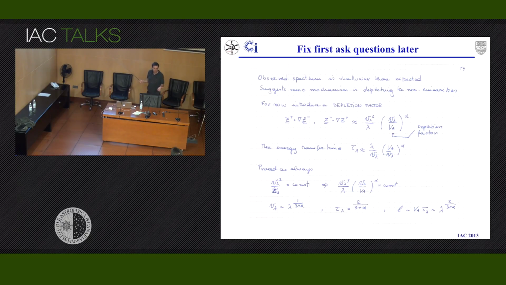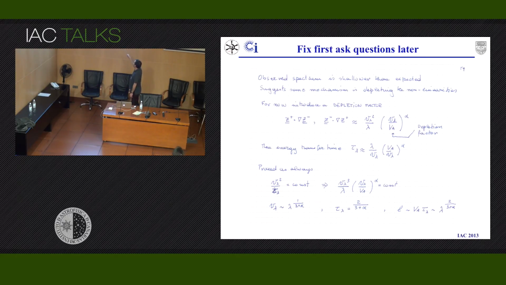For some reason, some physical process is preventing energy from being transferred the way it should be. So there must be a depletion factor for the energy transfer rate, and let me encode it like this: the ratio of the velocity at scale lambda to the velocity to the power alpha, to be determined later.